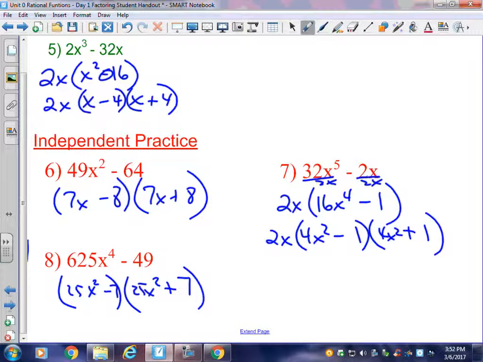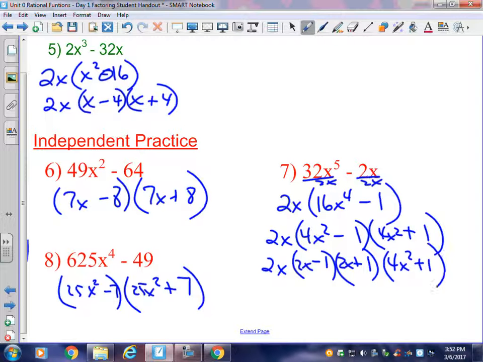But looking at this subtraction problem, I still have something that can be factored again. 2x times 2x makes 4x squared. 1 times 1 makes 1, negative and positive, and then 4x squared plus 1 comes back down. So that's how you do factoring.